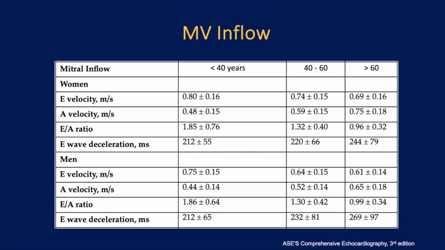So the numbers really vary between age groups. Also, it varies between men and women. What do you need to know? That 120 is almost the cutoff. Anything above 120 is considered high, and you should look at it.